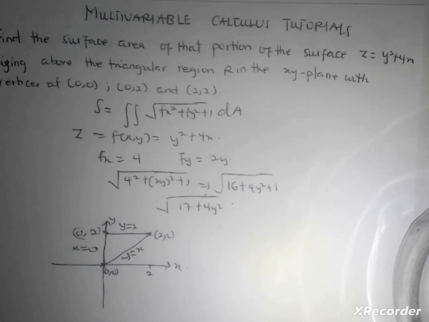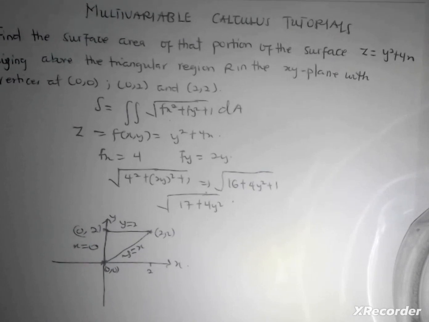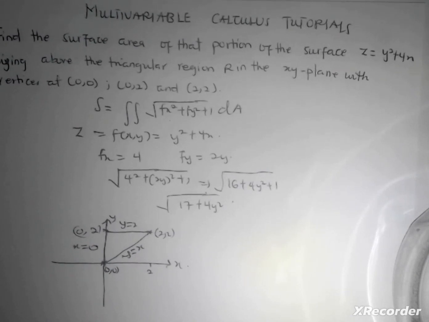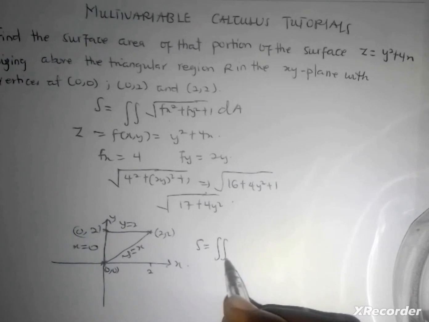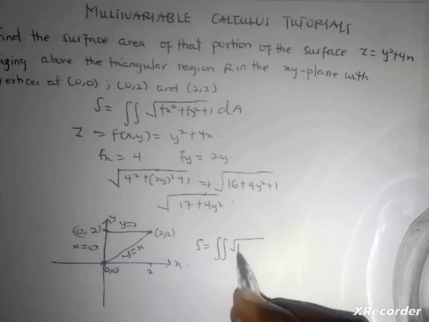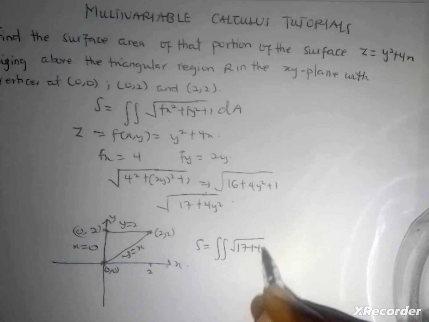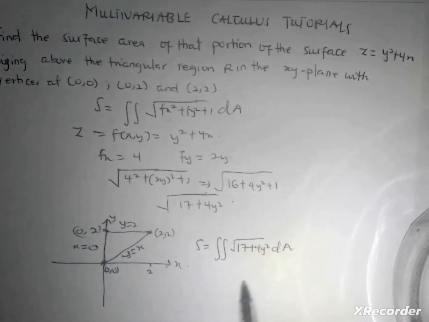The next thing to do is to pick one direction with which we are going to integrate. Looking at our function, we have S equals the double integral of the square root of 17 plus 4y squared dA. Meaning we have to integrate with respect to x first, so that we can have y to help with the computation of this expression.